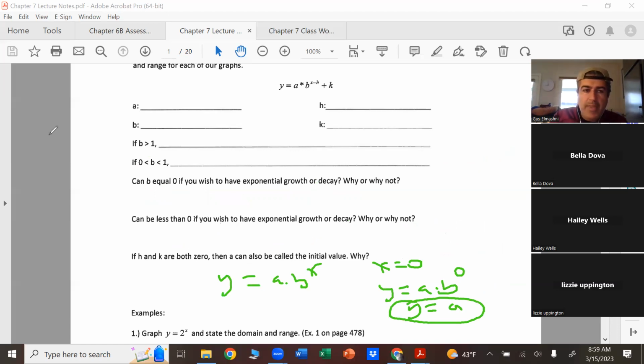In case you're curious why that is, let's say I have 2 to the 4 power. I know it's 2 times 2 times 2 times 2. What if you have 2 to the 3 power? I know it's 2 times 2 times 2, right? You don't have to write this down, just explain why 2 to the 0 power is going to be 1. 2 squared, that's 2 times 2. 2 to the 1 power is 2.